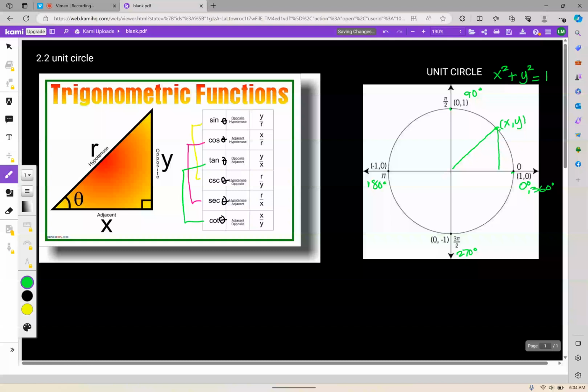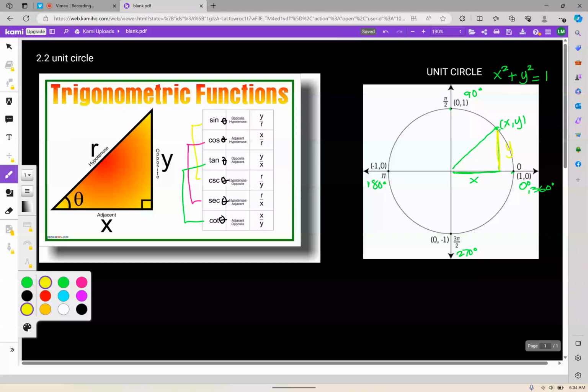That's okay. But I do know that this distance is my x distance because it's on the x-axis. And I know that this distance is my y distance because it is up and down distance, which would match with the y-axis. Well, let's talk about the 6 trig ratios from here.